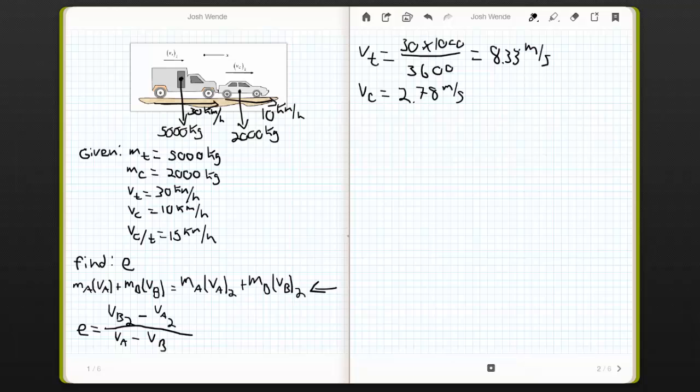Now that we have the velocities in meters per second, we can use our first equation and do a plug and play, and we'll see what we have.